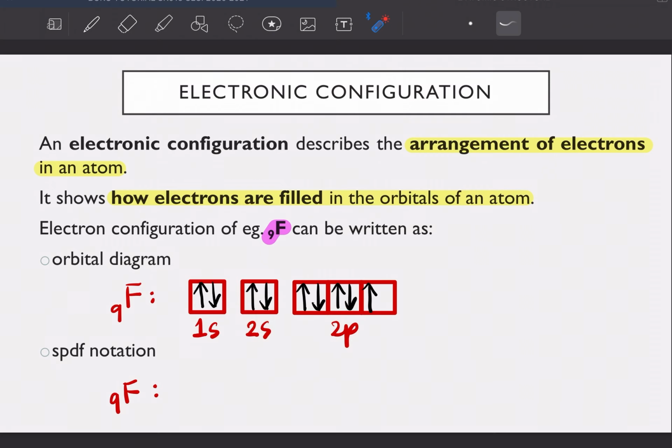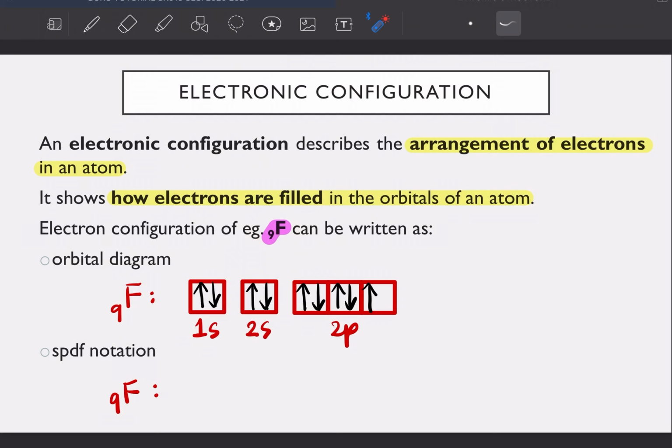So you cannot write 1s2, 2s2, 2p5 there. That will be wrong. You have to make sure that it is just your orbitals. You must also know that one orbital can occupy up to 2 electrons.